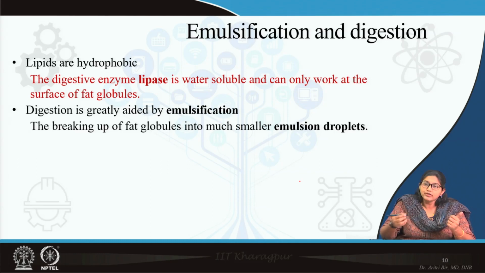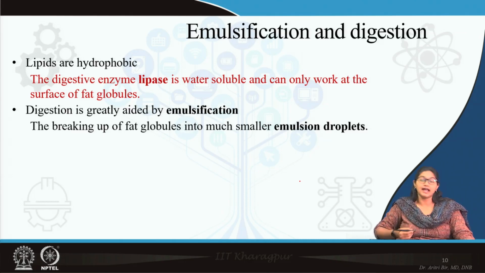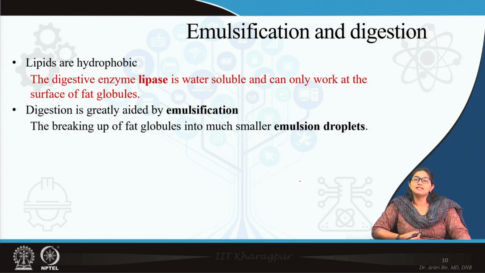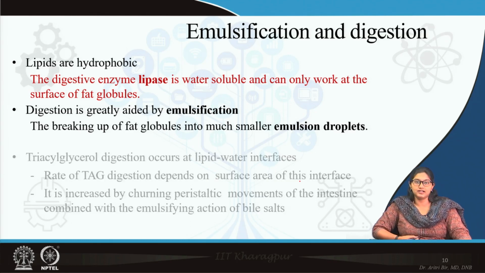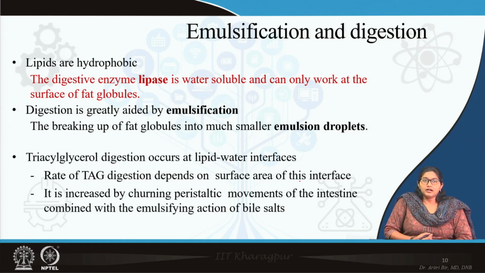Now, how can that surface area be increased? If a large globule of fat can be broken down into multiple smaller droplets, the surface area definitely will increase, where enzymes can act. Now, this phenomenon is enhanced or helped by bile salt. So, bile salt here is acting as an emulsifier.